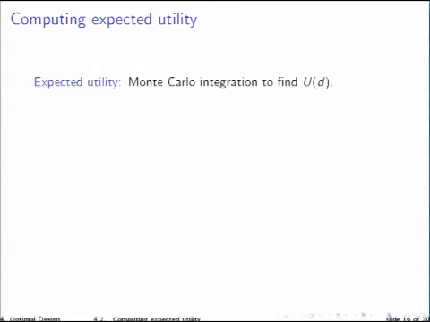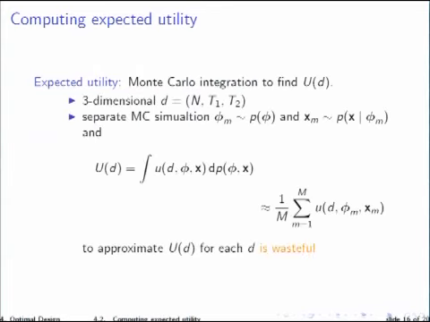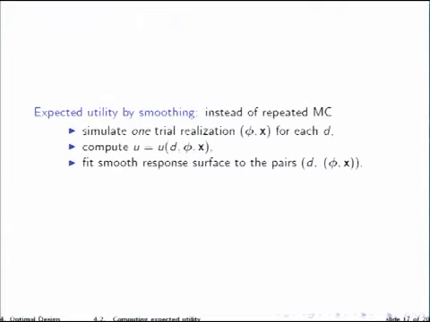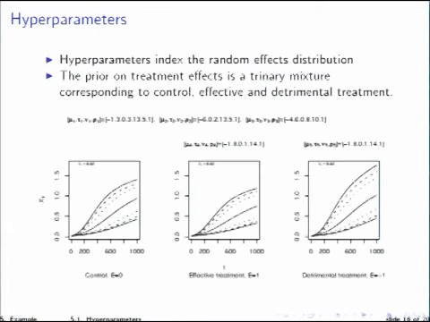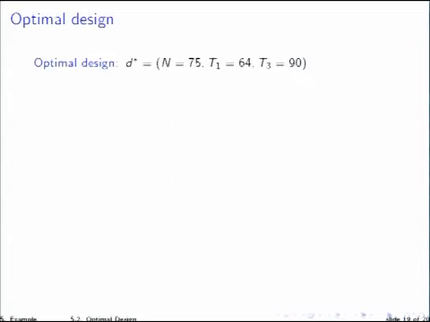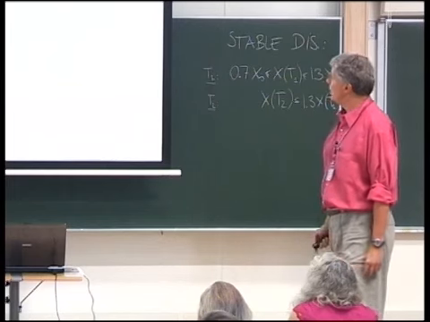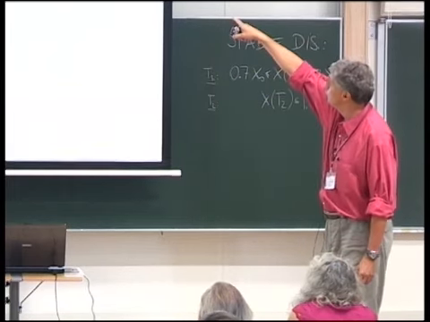If I had had more time, I would have talked you through some nifty little games to do that maximization. We are setting the hyperparameters, like you have to still set things in the model. Doing all that, you can actually come up with an optimal design. So in a particular example, we are finding the optimal design is characterized by sample size 75 and these two times T1 and T2.